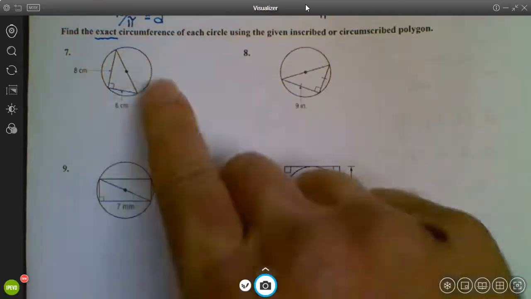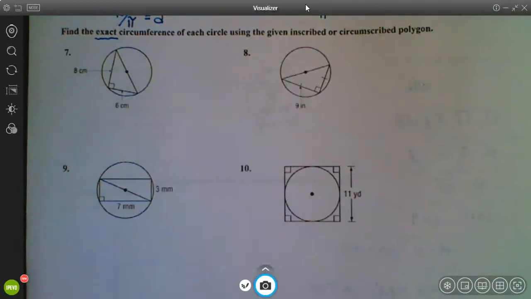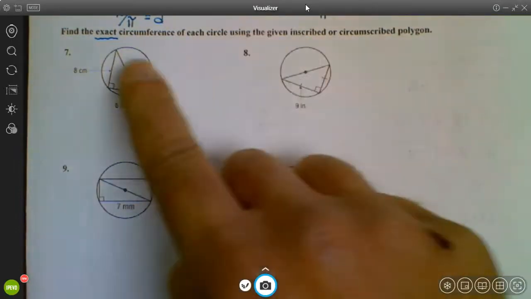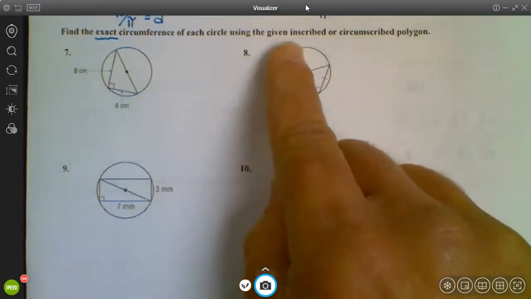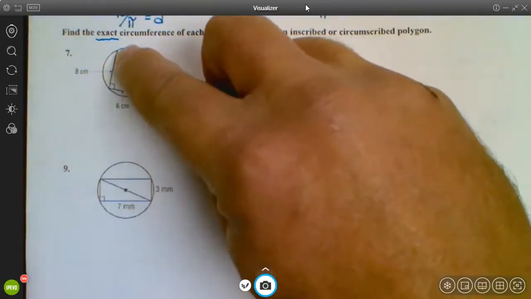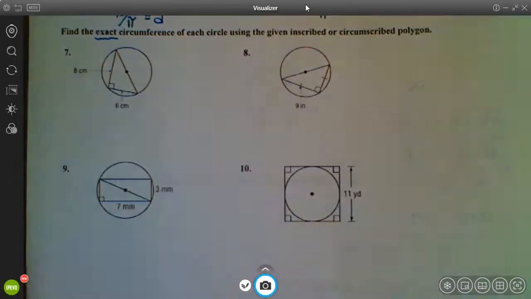If you look at this circle, anytime you put a shape inside of it, we call that inscribing the circle. So this is a triangle that has been inscribed inside of the circle because it's on the inside. You'll notice the vertices of that triangle are on the circle. The 3 vertices have to be on the circle in order for it to be inscribed.